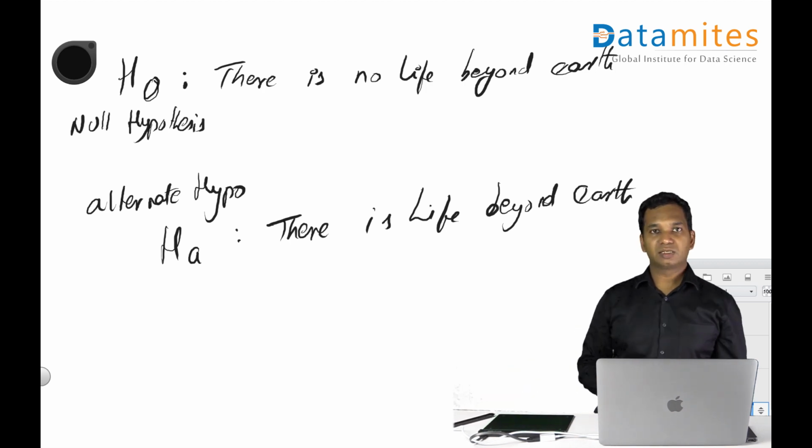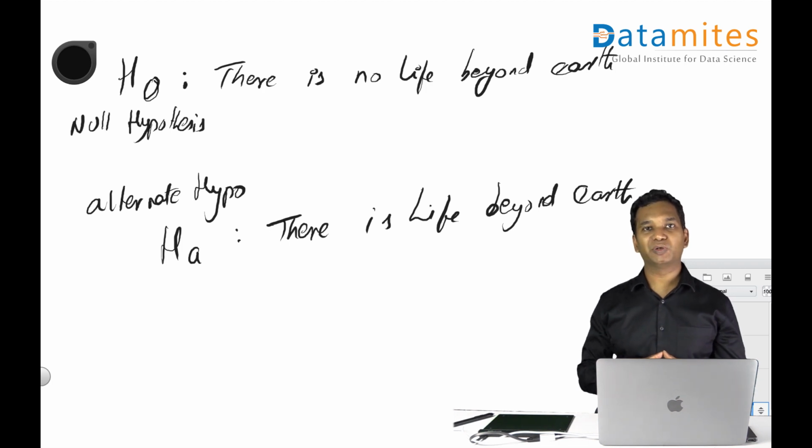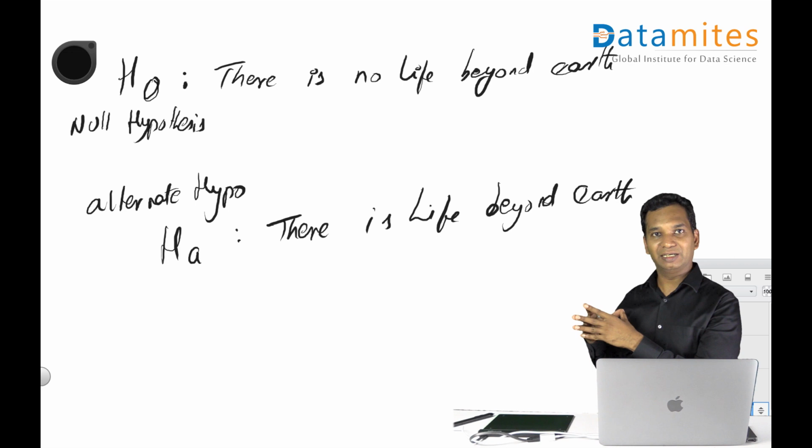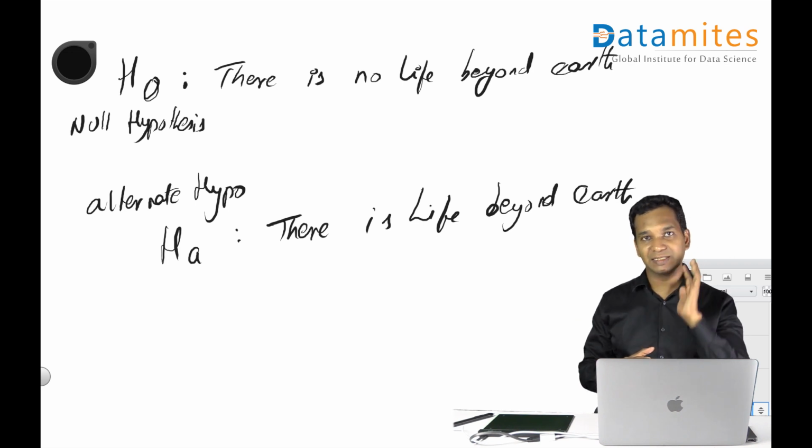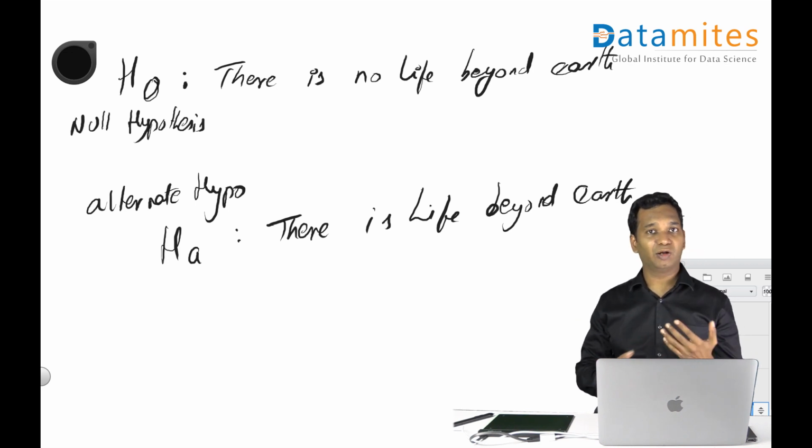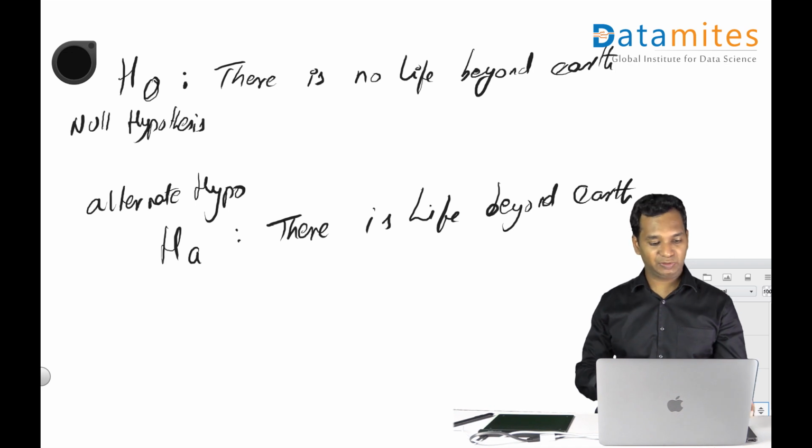So this is called setting up your hypothesis. Before you do any research or prove or disprove phenomena, we set up the hypothesis. In our case, H null is there is no life beyond Earth, and H alternative is there is life beyond Earth. Alternate is always opposite to the null hypothesis.